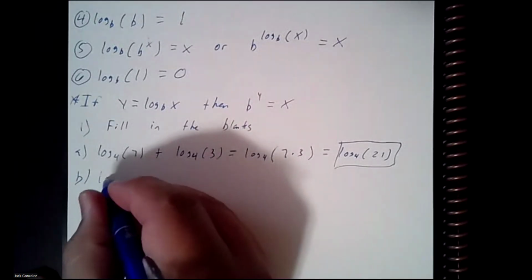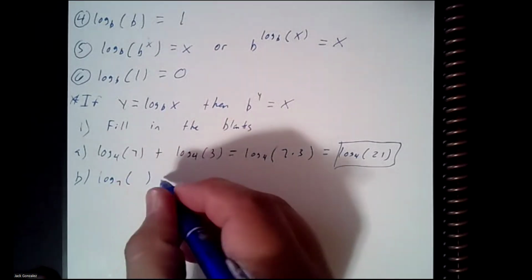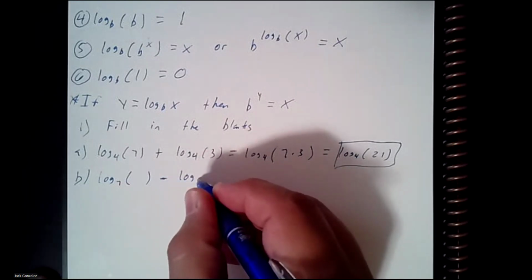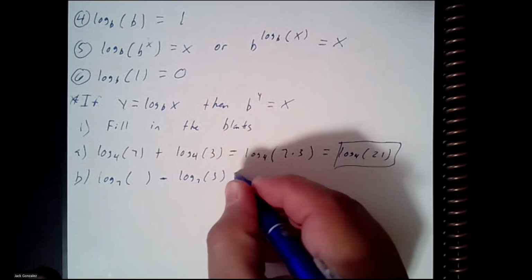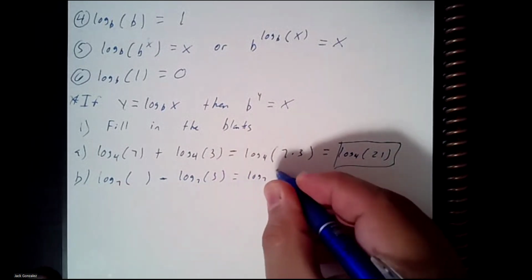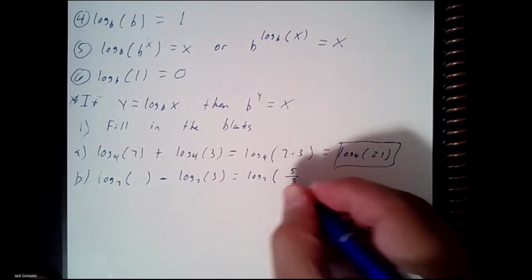So fill in the blank again. Log base 7 of something minus log base 7 of 3 is equal to log base 7 of 5/3.